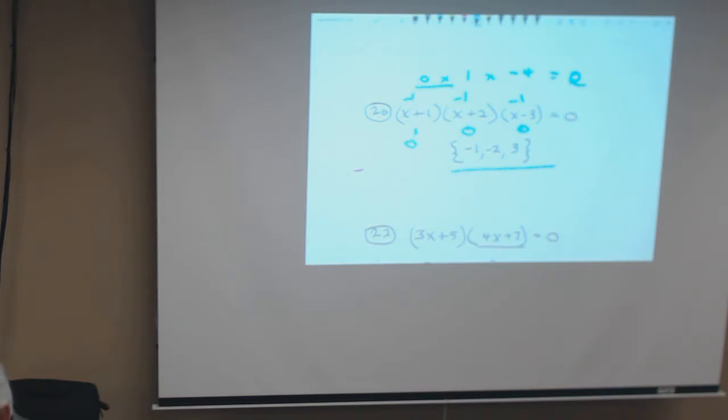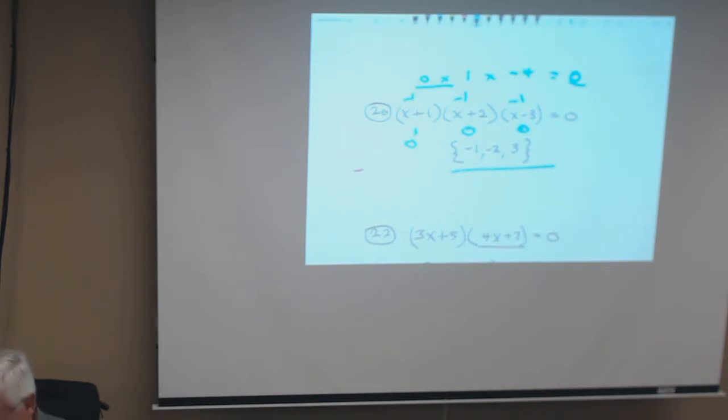So when you put each of those in, you're going to end up getting 0. Same with negative 2. You put negative 2 in there, because negative 2 zeroes out the middle one, so no matter what the other two end up being, you end up with 0 for an answer when you multiply those three things.